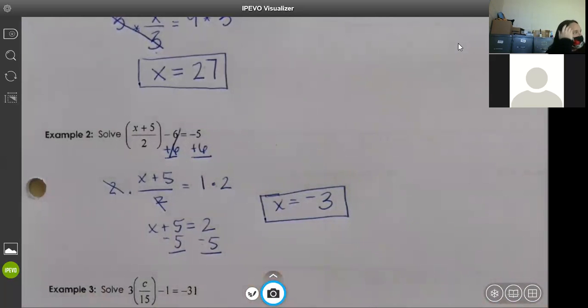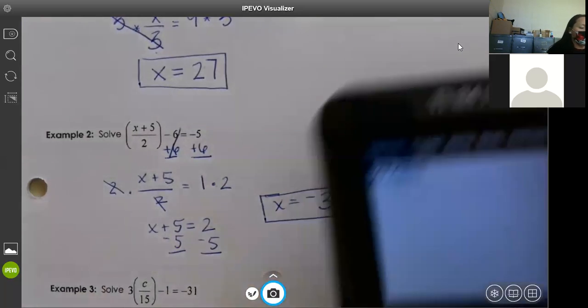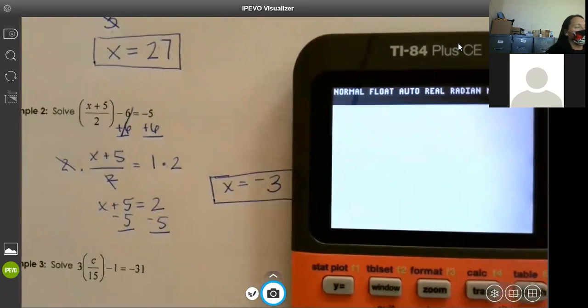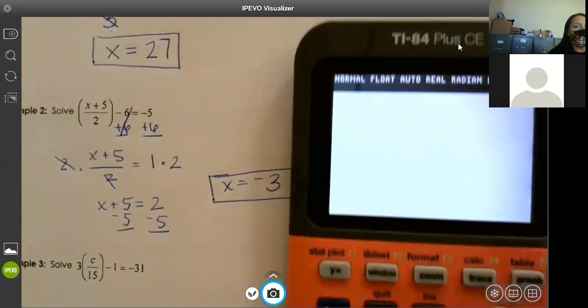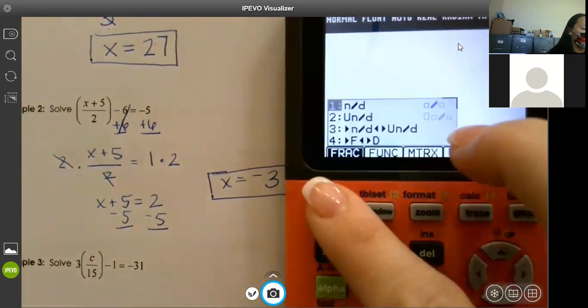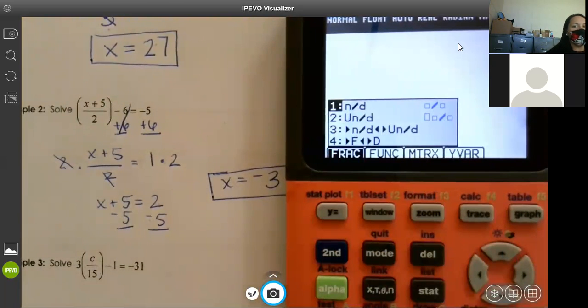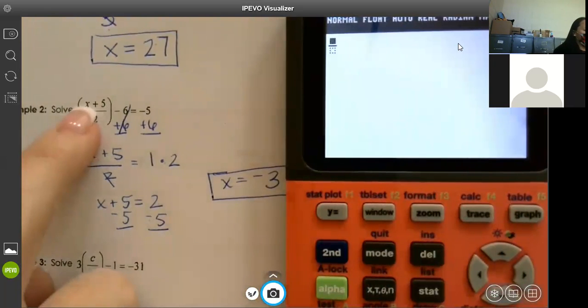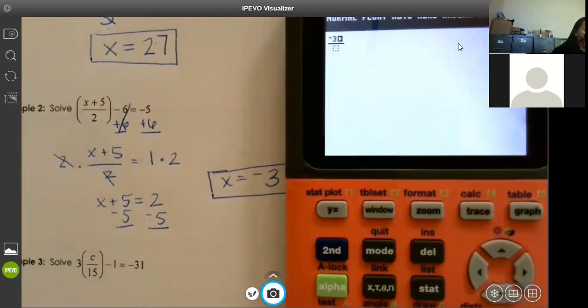If we want to check it on our calculator just to be sure, I'm going to show you a trick real fast and it'll be on the video, so if you forget what it is, you'll know. If you do alpha, which is the green key, y equals, it'll give you this divide stuff right here. So now I have that top. Instead of x, we're going to plug in -3. And there's a plus 5 on the top.